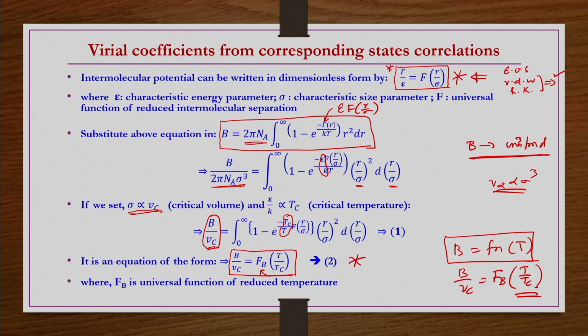If we apply the corresponding states theory to the virial coefficients, we can write these virial coefficients as a universal function of reduced temperature.